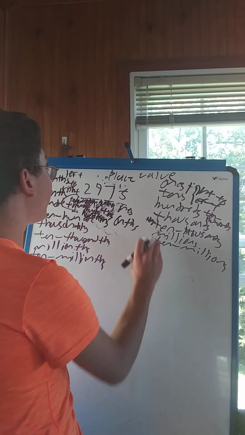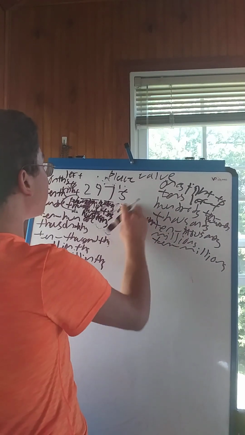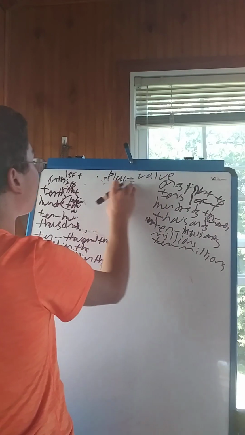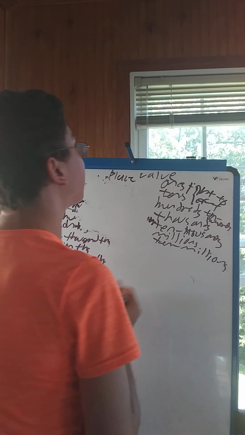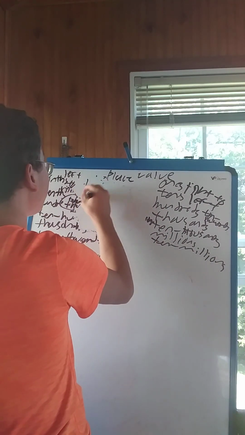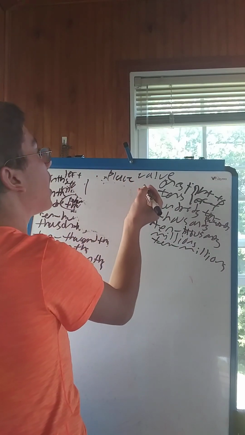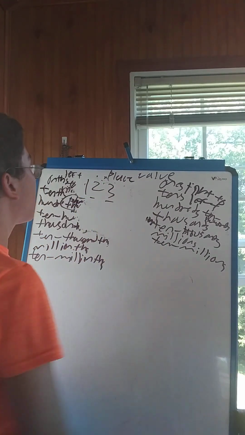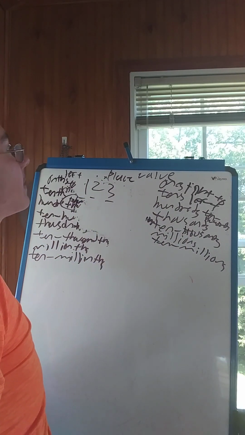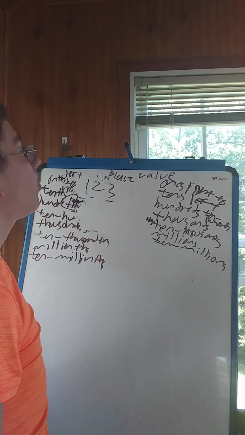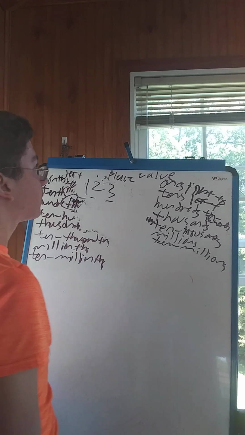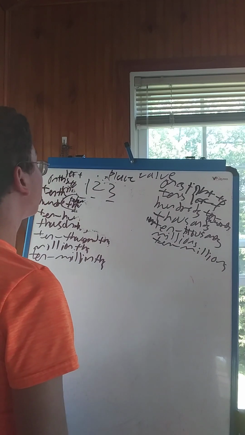Now we're going to try another one just like that. Let's do a simple one: 1, 2, 3. What placement is the 1 in going left to right? Yes, the one.